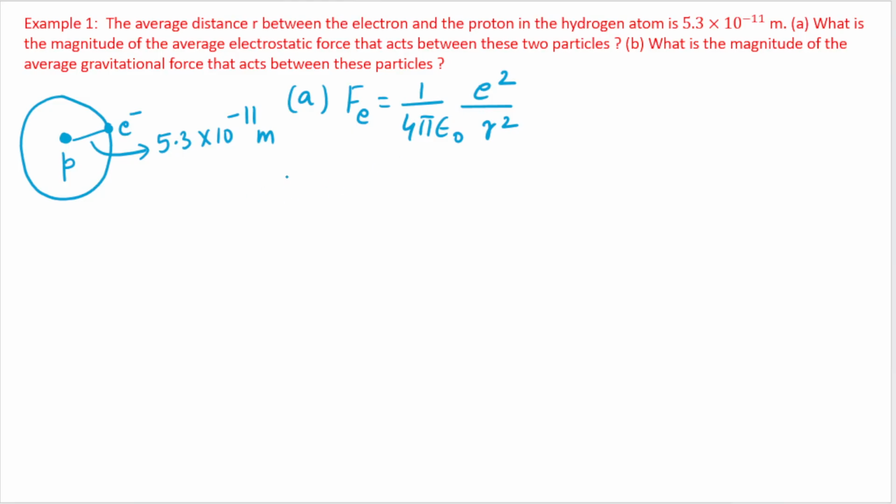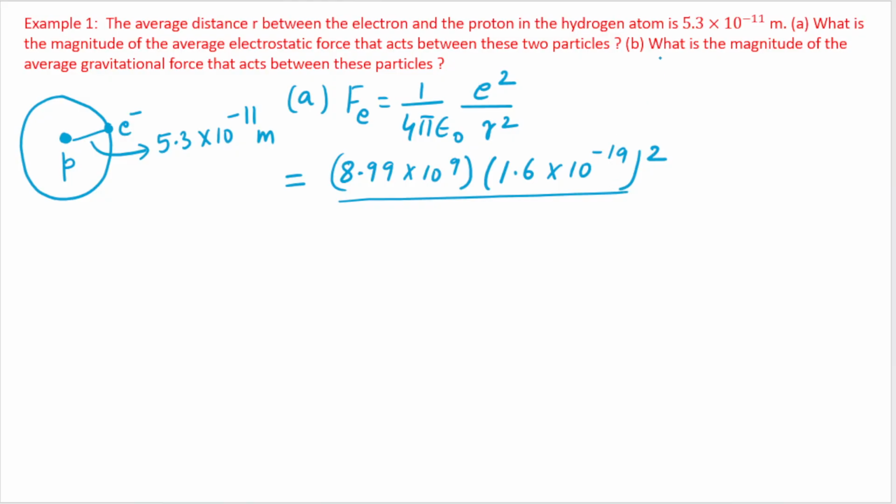Substituting the value of 1 by 4 pi epsilon naught, which is 8.99 into 10 to the power 9, and e square, where e is the charge of the electron, 1.6 into 10 to the power minus 19 square divided by r square, where r square is 5.3 into 10 to the power minus 11 square.